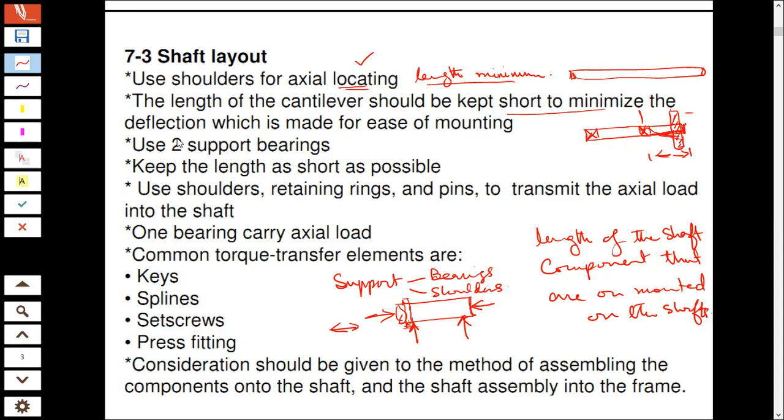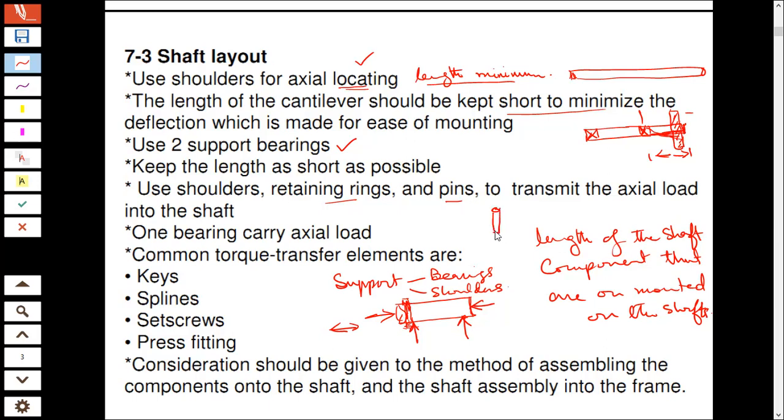Use two support bearings for a shaft. Keep the length as short as possible. So that is what we already said. Use shoulders, retaining rings, pins to transmit axial load into the shaft. Now, as we said over here, instead of a shoulder, you can use pins. You're familiar with pins.